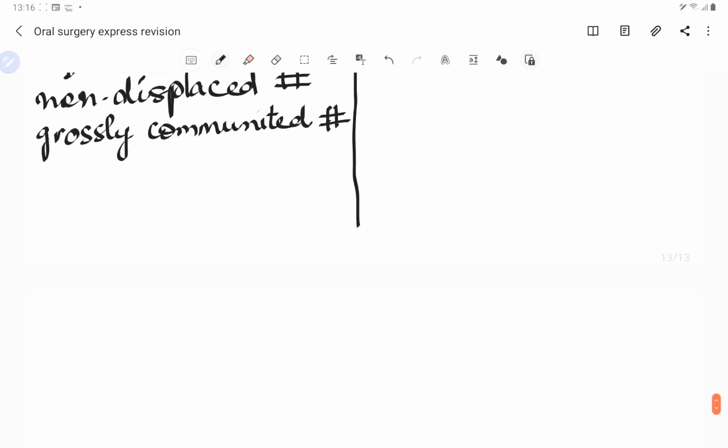But let me tell you, a comminuted fracture is a kind of fracture wherein, say suppose this was the bone. Now after the fracture, what happens? There is a fracture, and now this bone is in small pieces. This is a comminuted fracture. So if you open this site up, all the fragments will be lost.